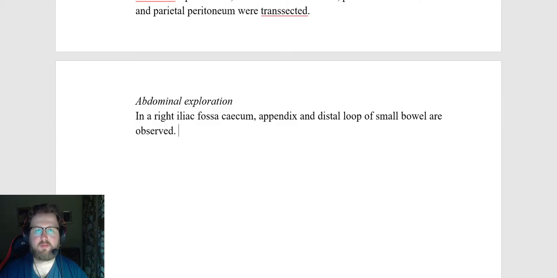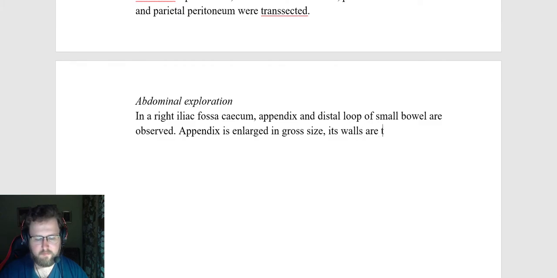Next, you describe the appendix. You may write here that appendix is enlarged in gross size. Its walls are thickened. Swollen.